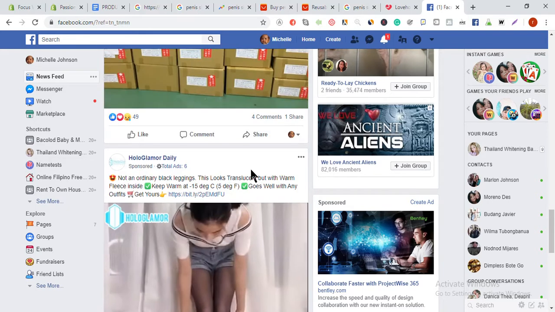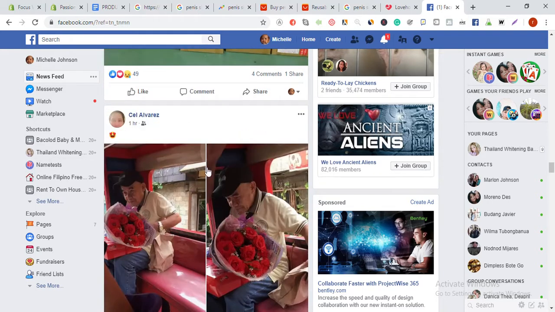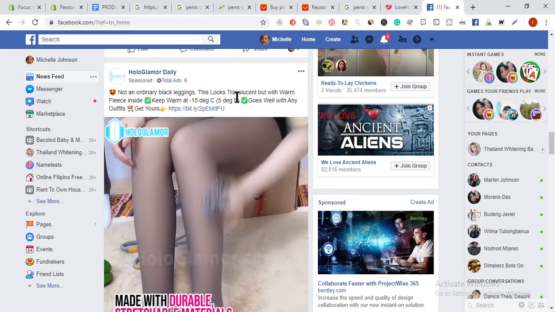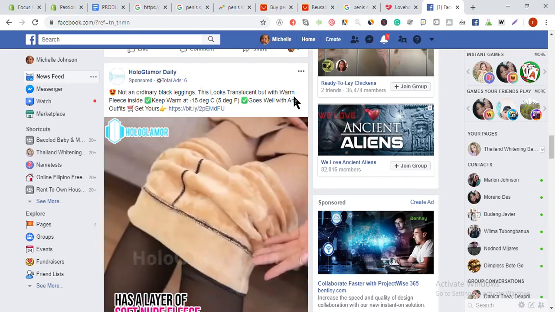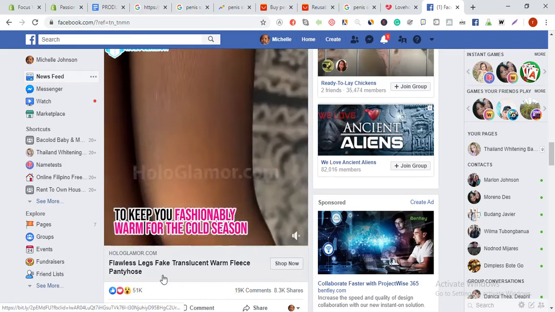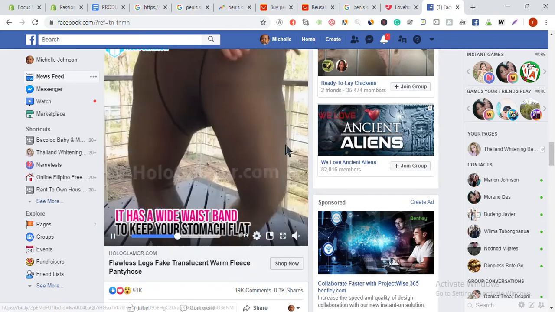Here we go. So this is definitely paid. This one. Okay, so ordinary black stocking is not an ordinary. Translucent warm fleece inside. Flawless legs, fake translucent warm fleece.